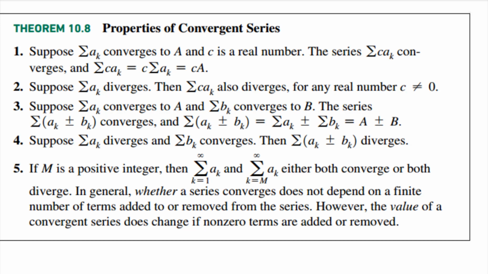Now next, where we said if a sub k converges and b sub k converges, then we know that the sum or the difference is going to converge. This is a little different. So let's suppose one of them diverges and the other one converges. We're actually going to get to a number for b sub k. For a sub k, we're going to get infinity.